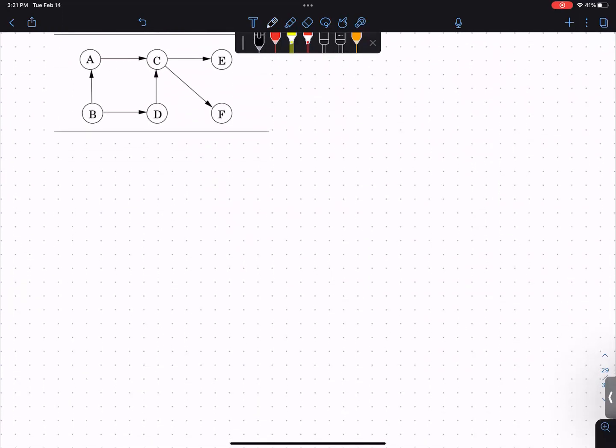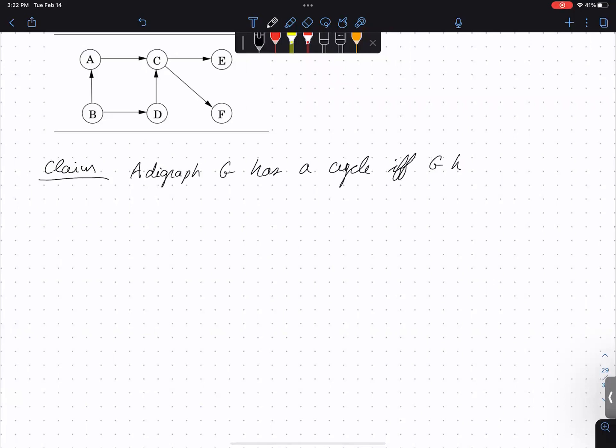All right. So I make the following claim, and this is related to how to find a cycle: a digraph G has a cycle if and only if G has a back edge.